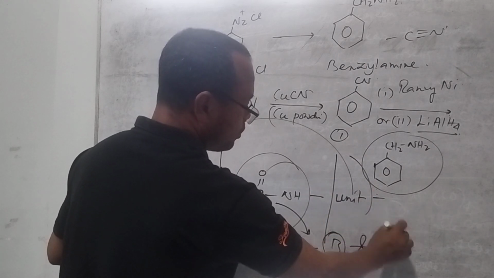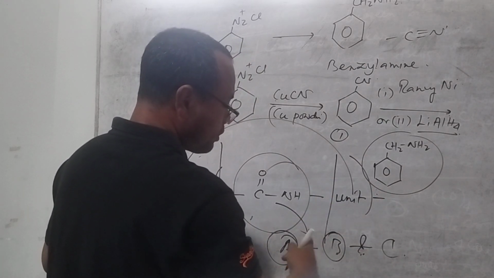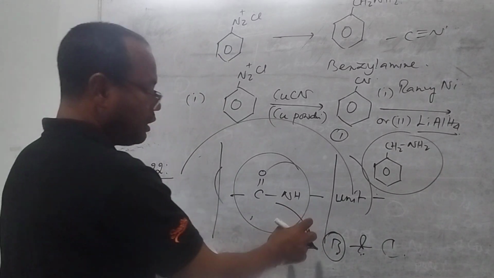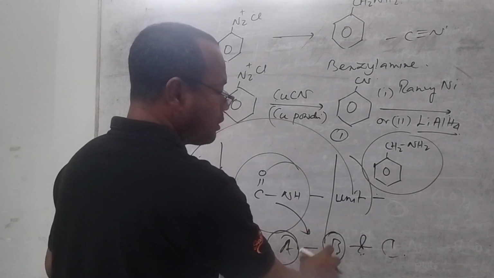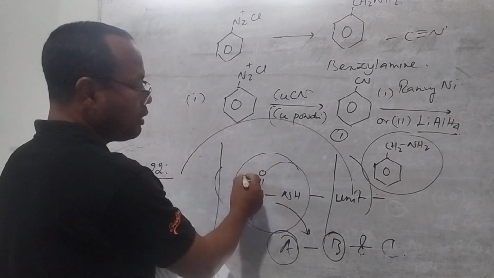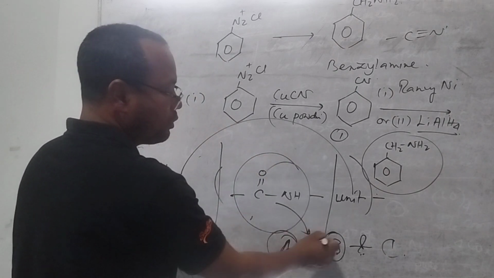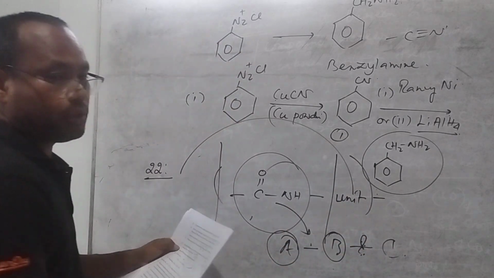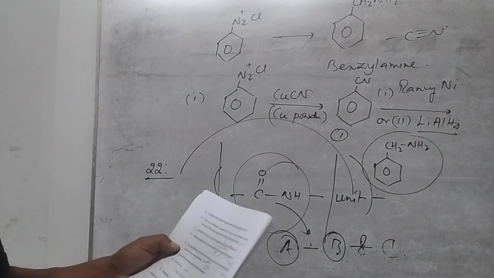So in a tripeptide of 3 amino acids, how many peptide bonds should be there? One here, another here. The answer is 2.